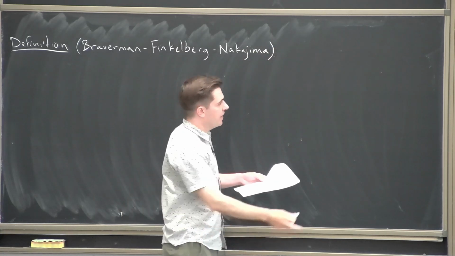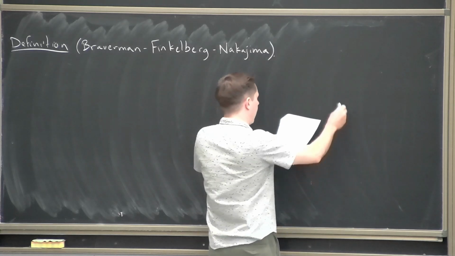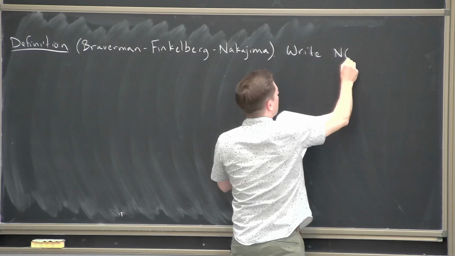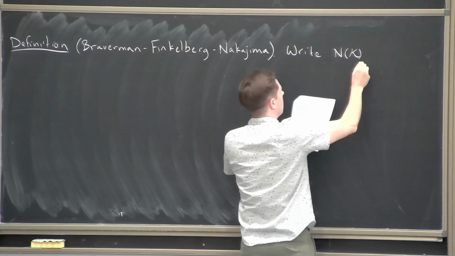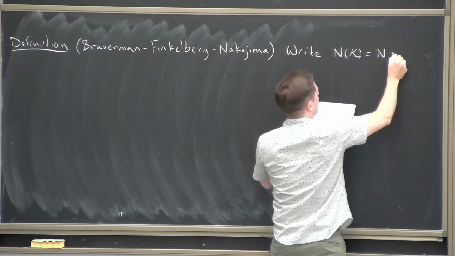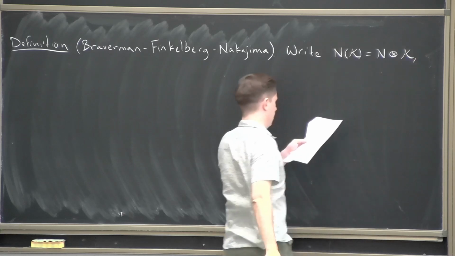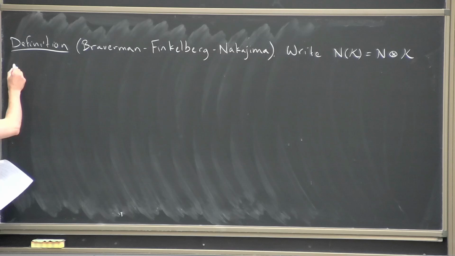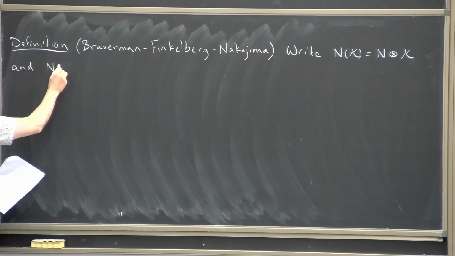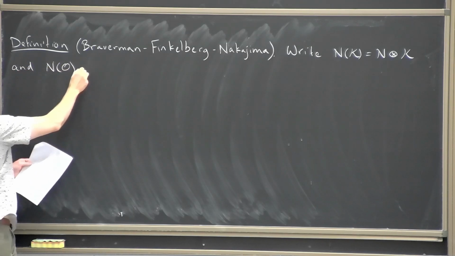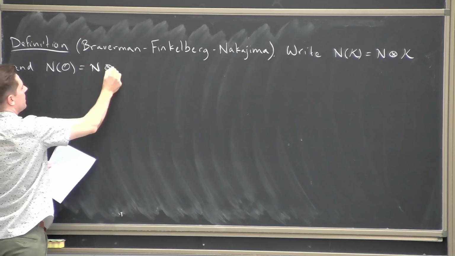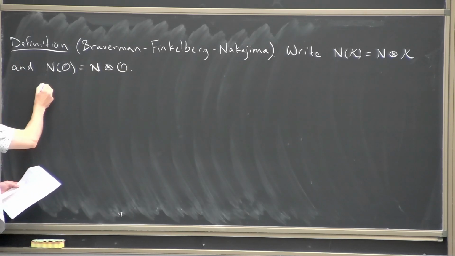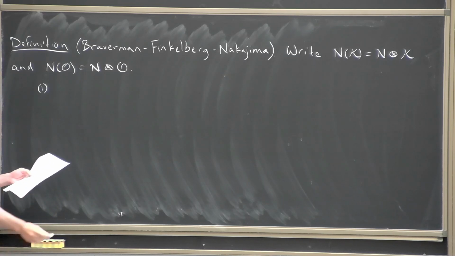So we have this vector space N, and let's write N(K) to mean N tensor with K, and also write N(O) for N tensor with O. Then the first part of the definition is the following.